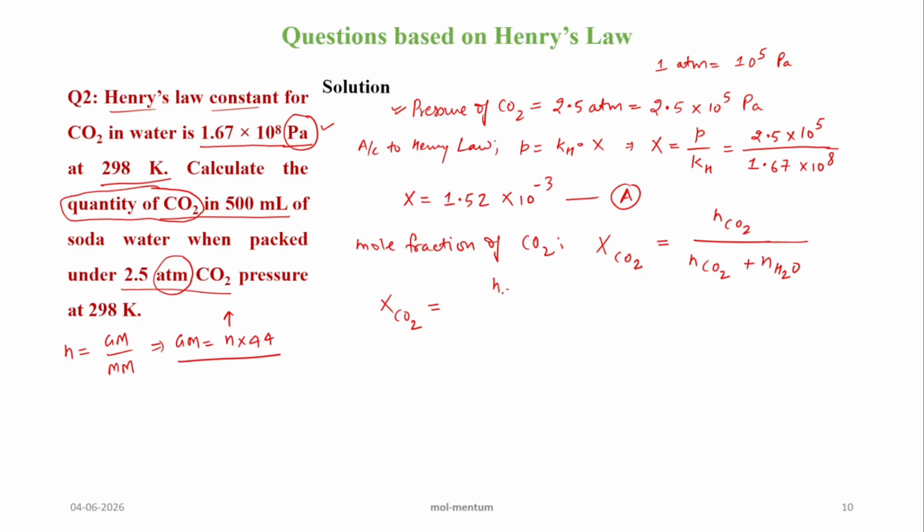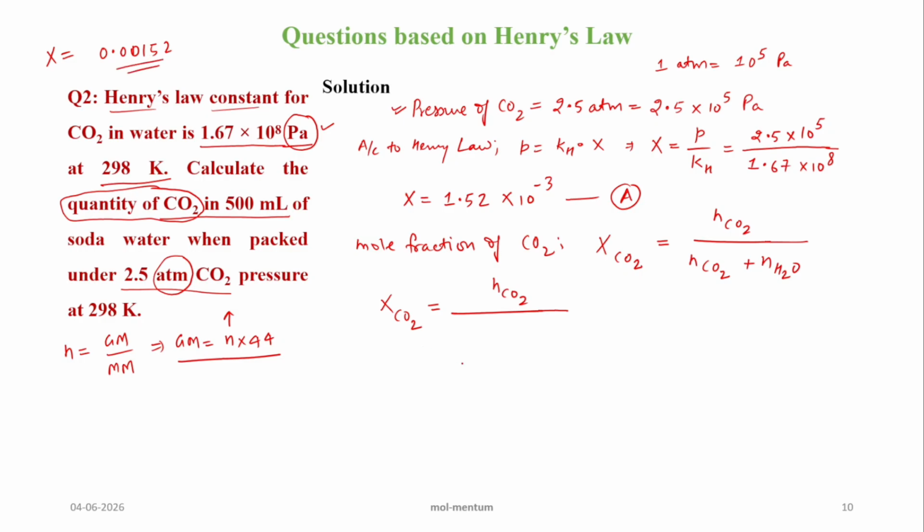So number of moles of CO2 divided by number of moles of CO2 is also here. One approximation we have to make in this case: mole fraction of CO2 is 1.52 into 10 to the power minus 3. If I write it in absolute number, mole fraction is somewhere around 0.00152.